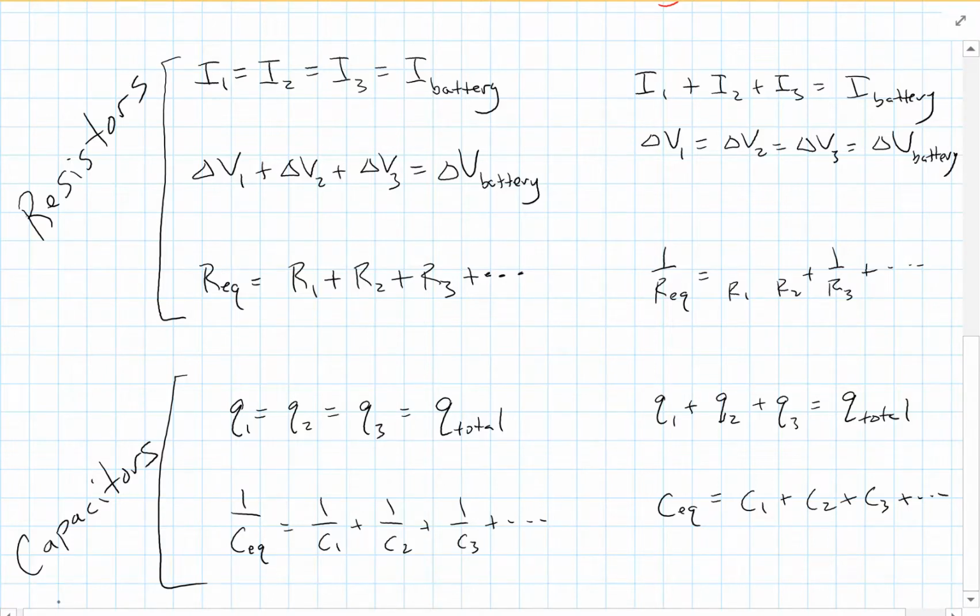For capacitors, the charge on every capacitor in series was the same, and the capacitance went down when we added them in series because the voltage was being split up over more and more capacitors, and they all had to have the same charge. In parallel, we added up the Q's, the charge, and got an equivalent capacitance that was the sum of all the capacitors in parallel.